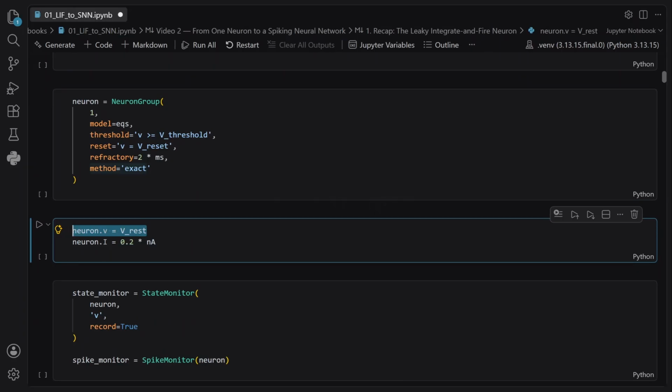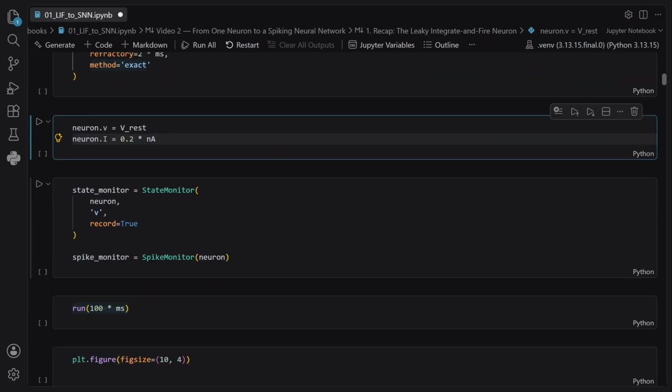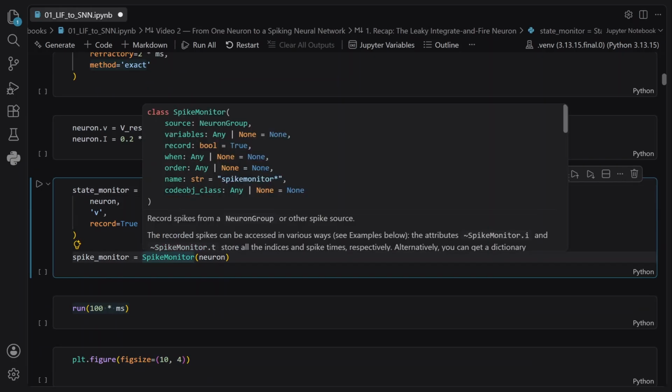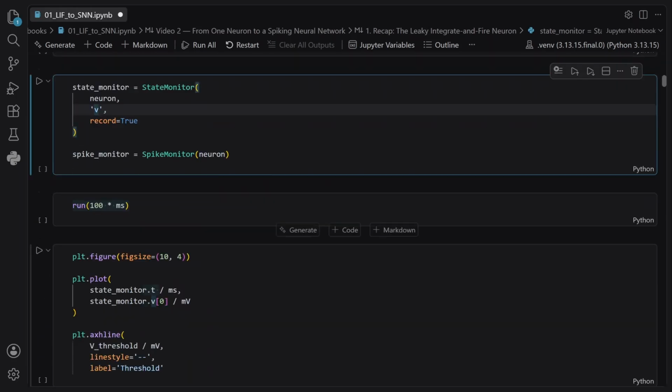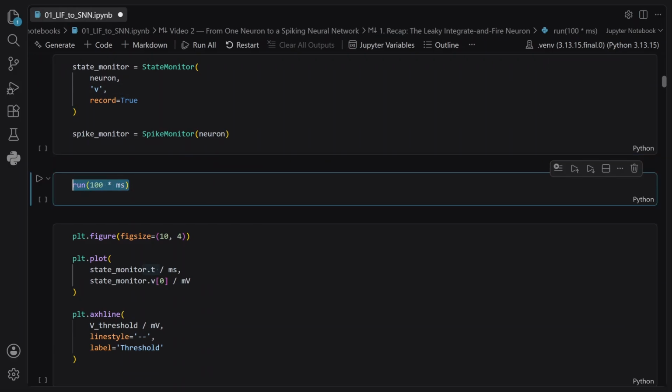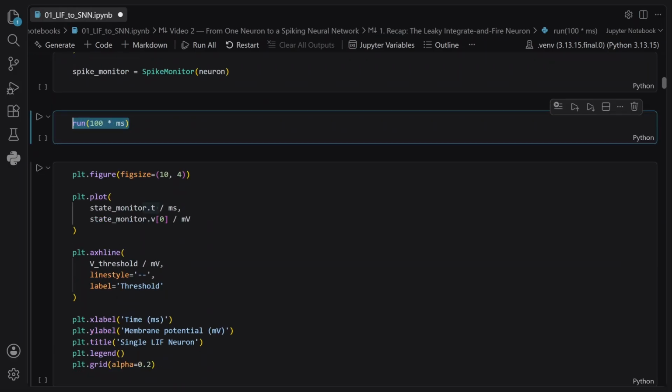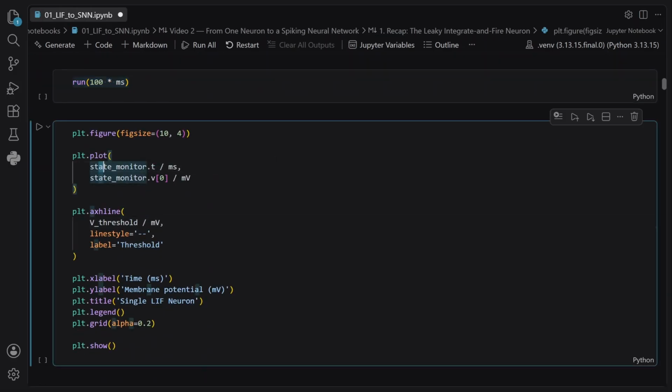Membrane potential starts at V_rest. Our constant input, in this case, 0.2 nanoampere. We set up our state monitor and spike monitor to monitor potential and spikes. This is how we run the simulation. Then we plot our membrane potential.